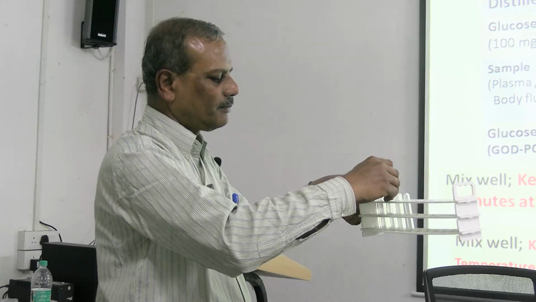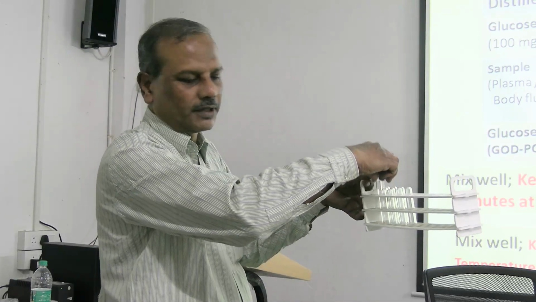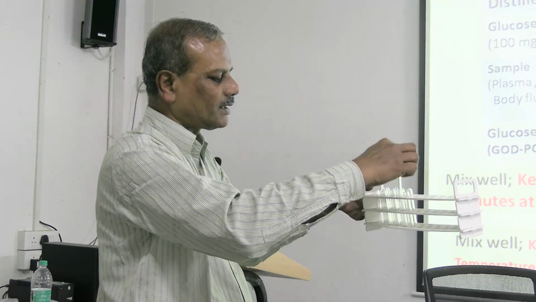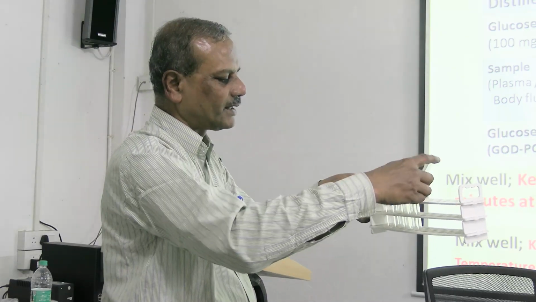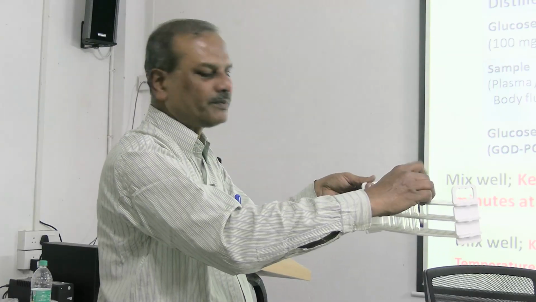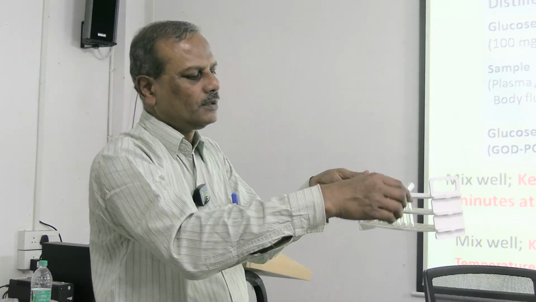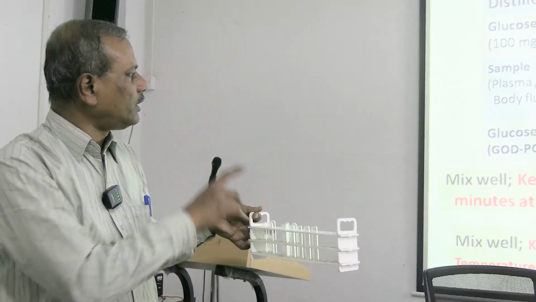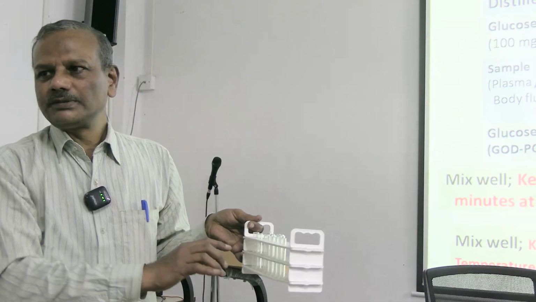And you have collected some samples also for analysis. If you want to keep the test, blank and standard like this, and the samples like this, say today 5 samples have come for analysis of glucose, 5 tests we have taken. Why have I told you to dispense the glucose reagent first? Because using one tip, you can dispense this entire reagent, so there is no contamination.